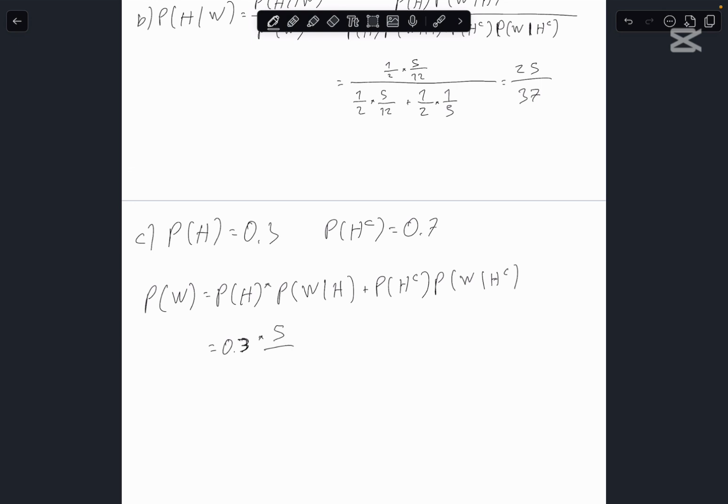So this was 5 divided by 12 plus probability of head complement, which is 0.7 this time.